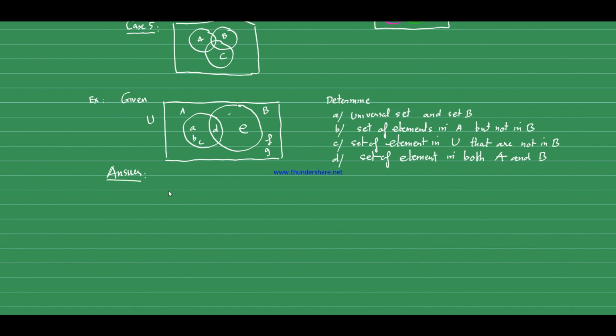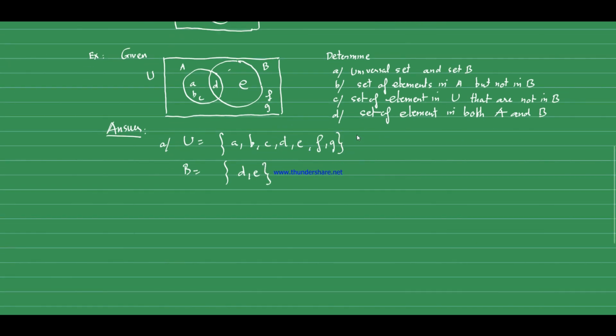The universal set contains all the elements, so the universal set will have A, B, C, D, E, F, G. For set B, you just see whatever elements are in set B: so D and E. That's part A. Next, the set of elements in A but not in B. I'm going to call this set C. In A but not in B should be A, B, C. Next, I'm going to call it set D. You can name it whatever you want.